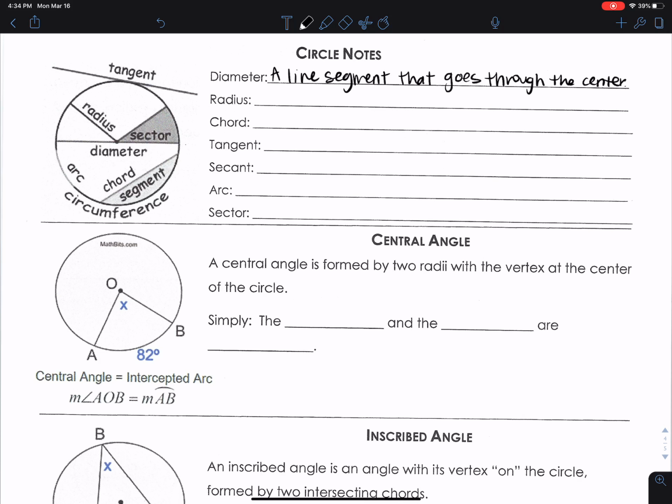The next one is the radius. So the radius is a line segment from the center to the circumference.